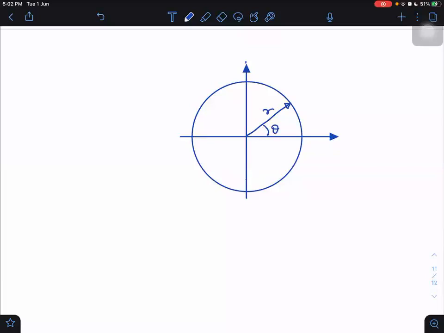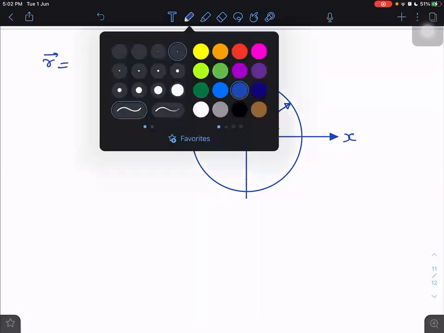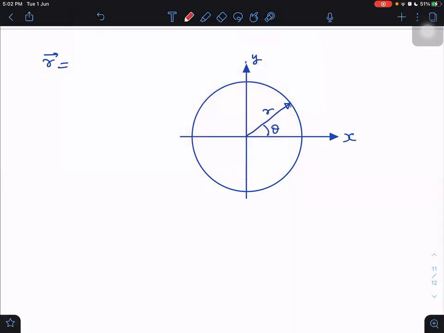Tell me, what is r vector? R sin theta j cap. Very good, boy. I hope everybody is understanding like you. Otherwise, there will be a problem. Those who are not understanding, please understand. See here, I can write it as x comma y, and I can always write position vector as x coordinate along i cap plus y coordinate along j cap. And what is the x component?